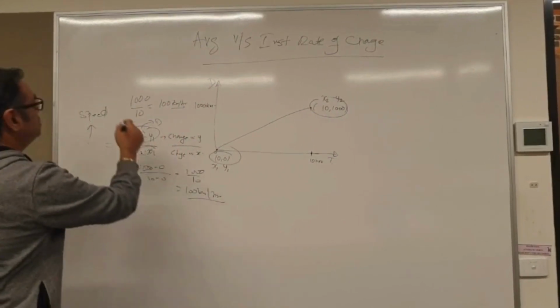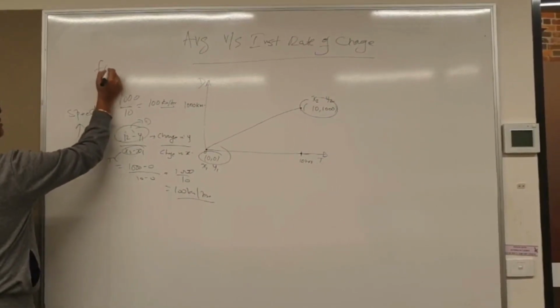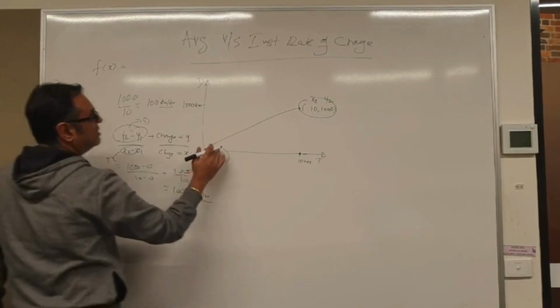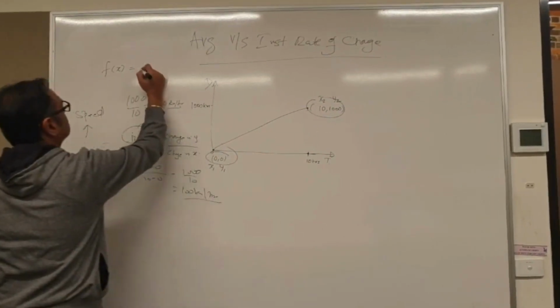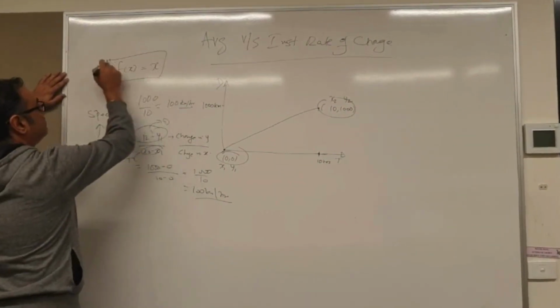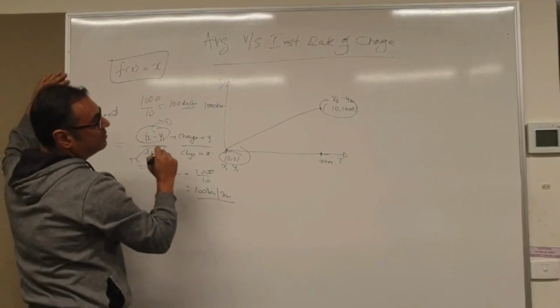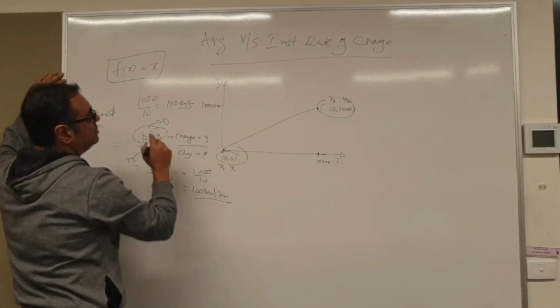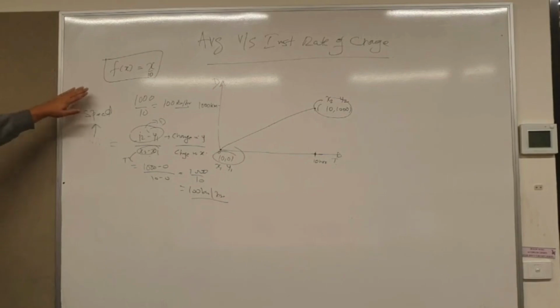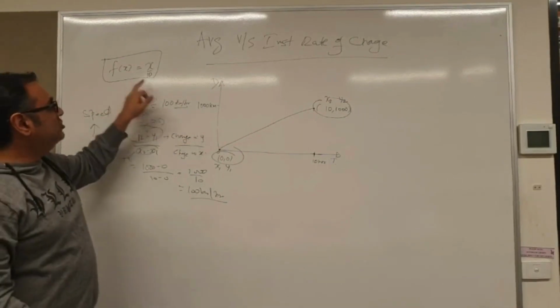Let's say f of x is the distance, and let's say the distance was x. Suppose that was the function, right? Or maybe let's say x over 10. Let's say this was my function of the line.